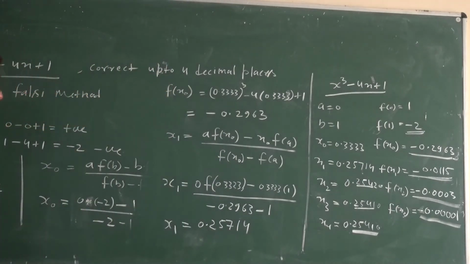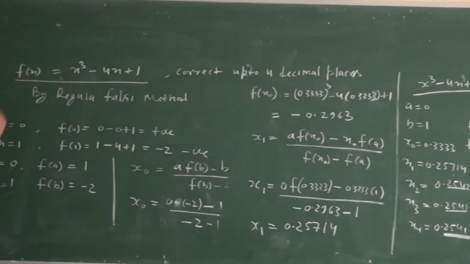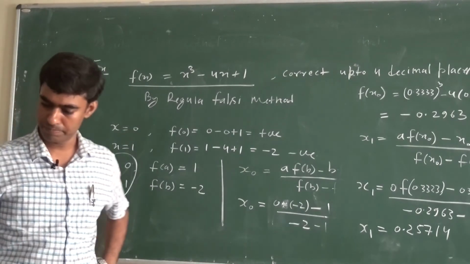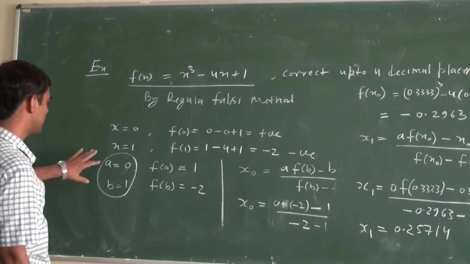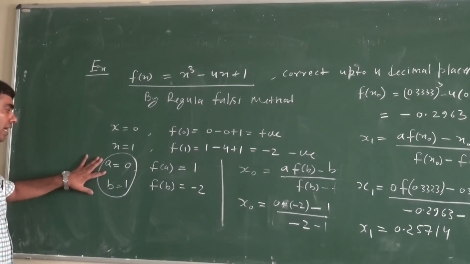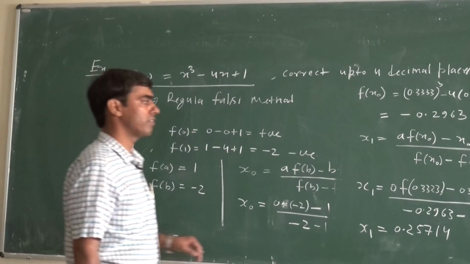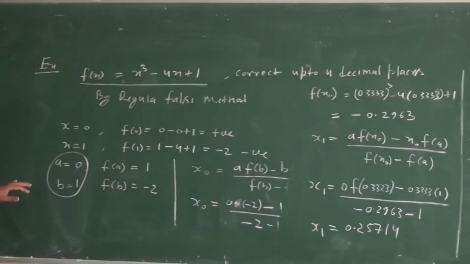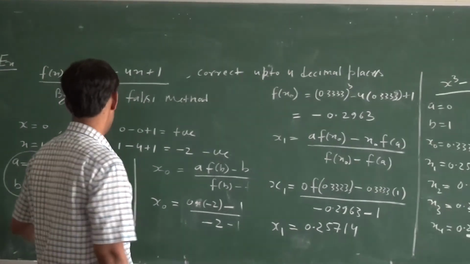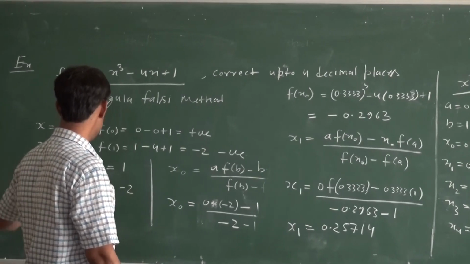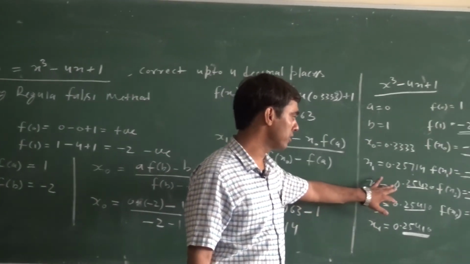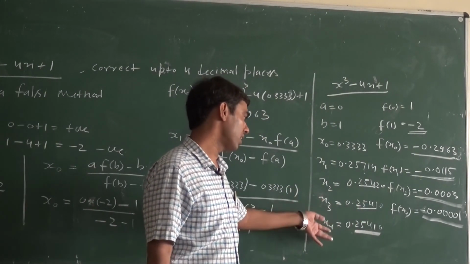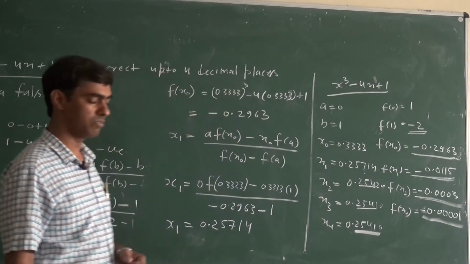But in the bisection method, if we solve this equation with these initial values, then to find the root correct up to 1 decimal place needs at least 4 iterations, and for 2 decimal places, at least 7 iterations. But in the regula falsi method, if we consider the same initial values a and b, in 4 iterations the root is correct up to 3 decimal places, and up to 5 iterations the root is correct up to 4 decimal places.